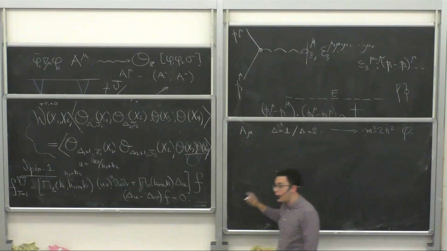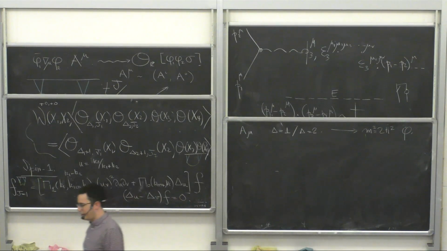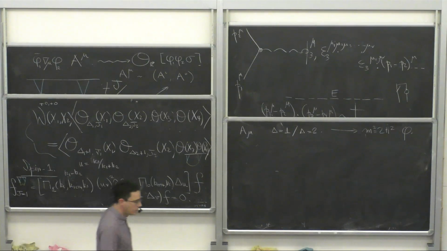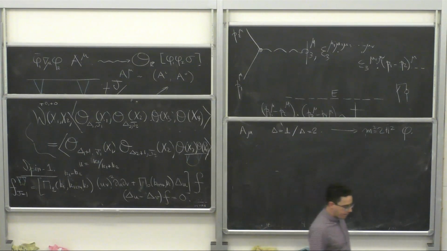Do you remember why I mentioned this to you a couple days ago? Why the photon is massless? Why doesn't it have conformal dimension delta 0? Remember I mentioned the problem of magnetogenesis?